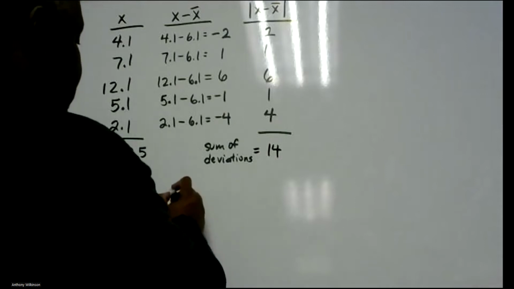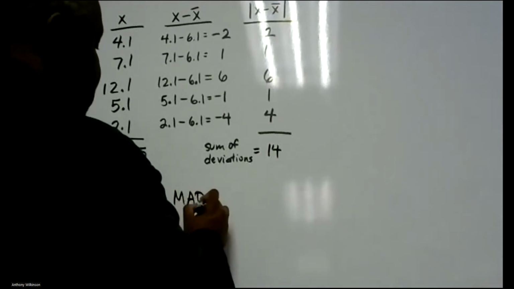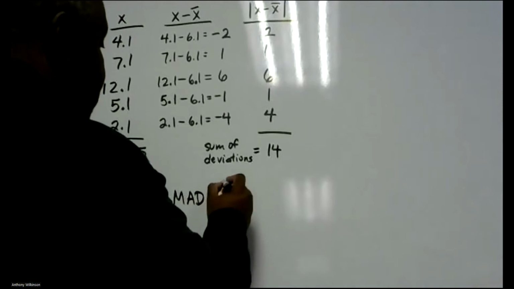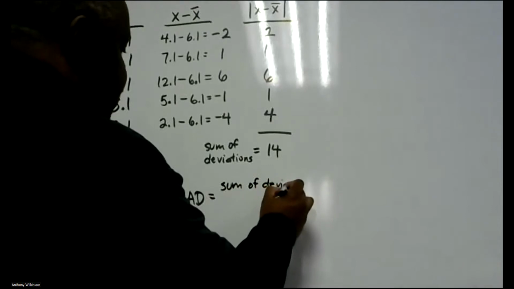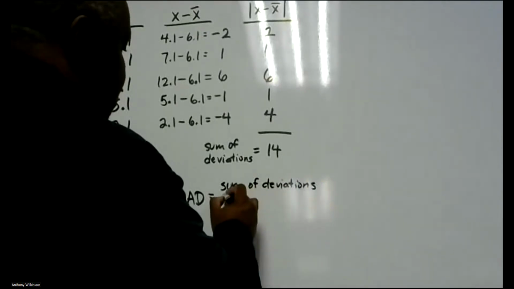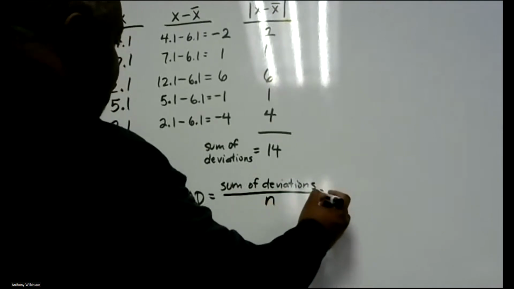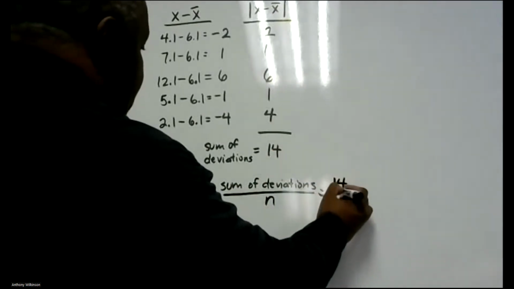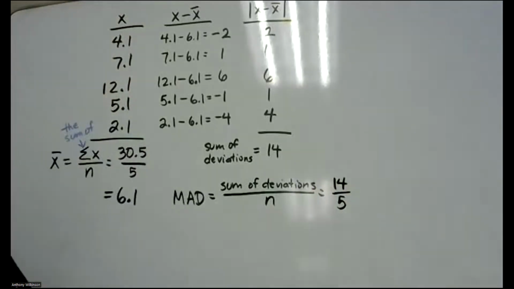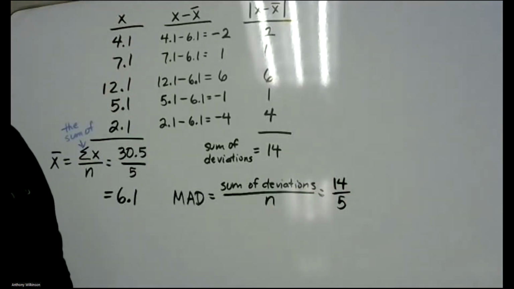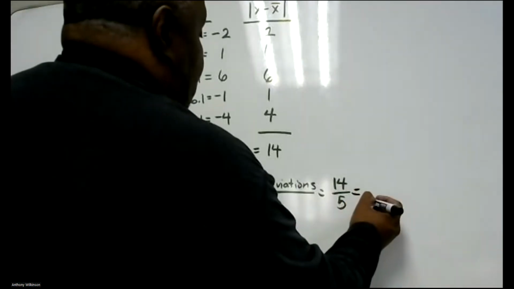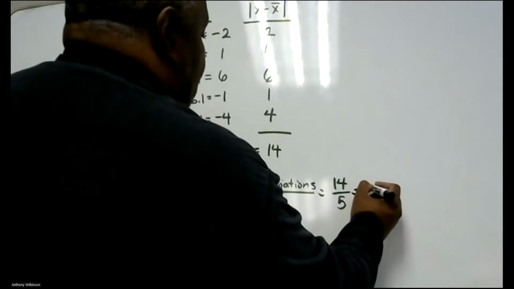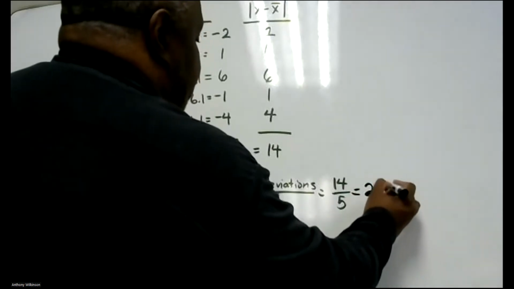And then to find the mean absolute deviation, which is going to be MAD, that's going to be the sum of the deviations here divided by n. And the sum of the deviations was 14. The number of data values, which is n, that's going to be 5. So what is 14 divided by 5? 2.8.